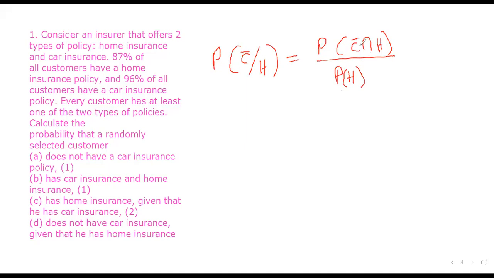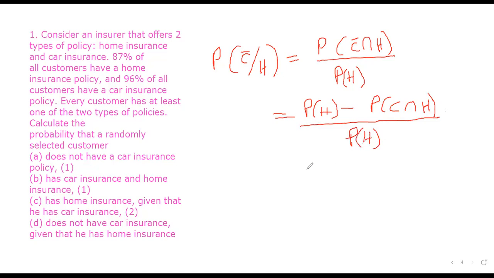Now, this is theorem 2. Whenever we have a complement on C, the shortcut is simply H minus the intersection of C and H. If the complement was on H, we would have put C minus the intersection of C and H. That is how theorem 2 works.